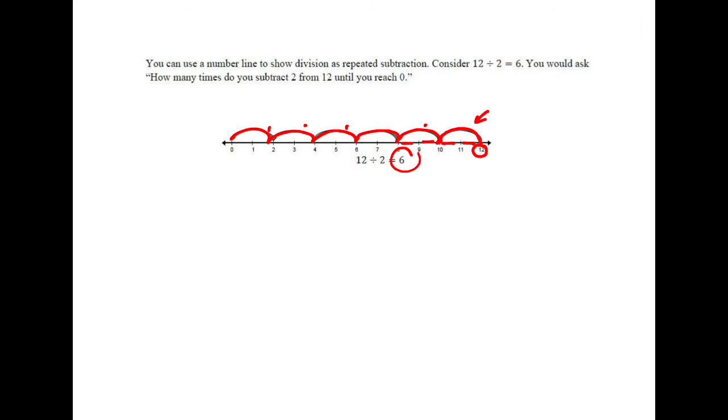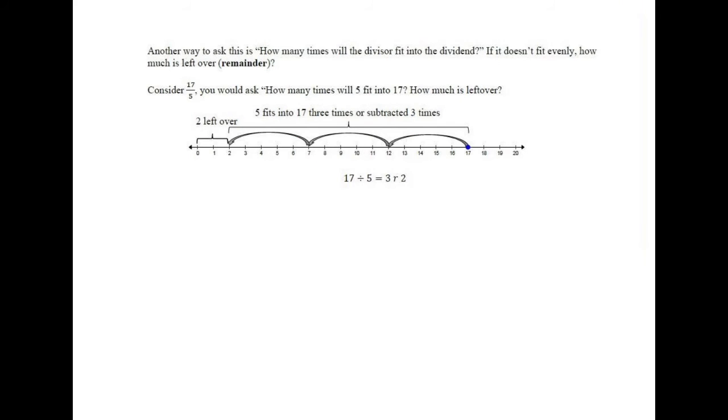Okay, let's do another one. This is what a remainder looks like if we do the same thing. The original problem is 17 divided by 5. We start at 17 and go down 5 spaces at a time. So 1, 2, 3, 4, 5 spaces. There's 1. Then 1, 2, 3, 4, 5. There's 2. Then 1, 2, 3, 4, 5. There's 3.